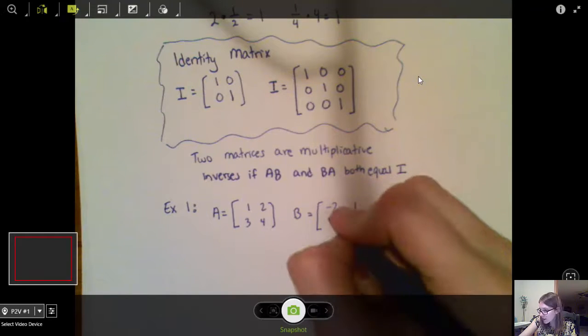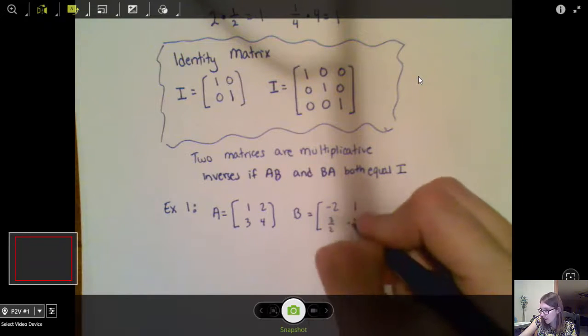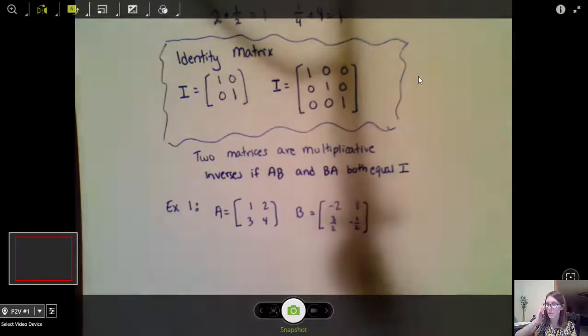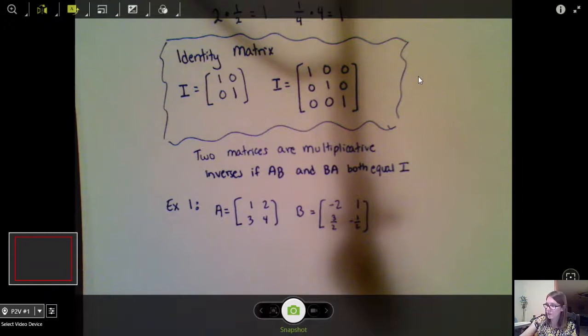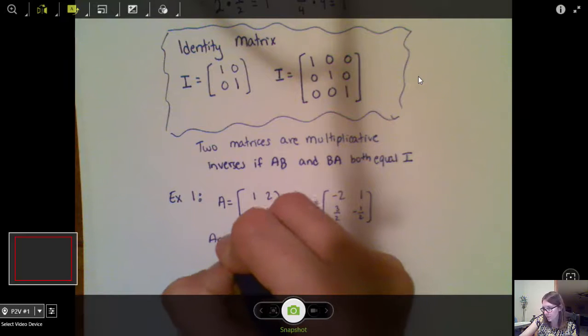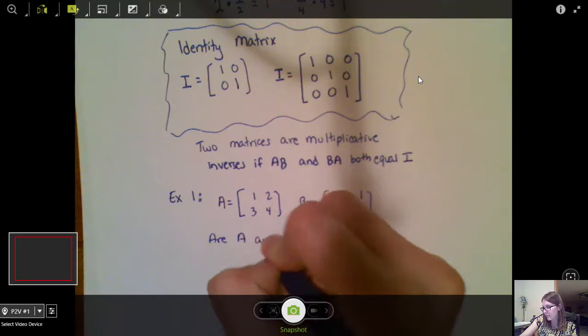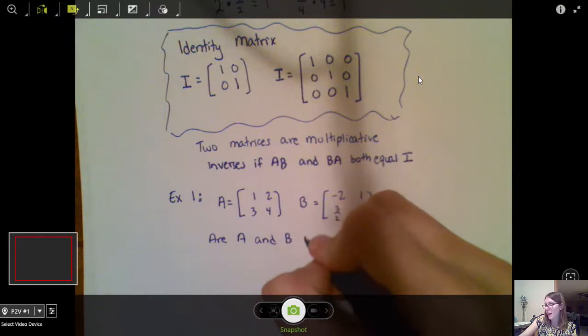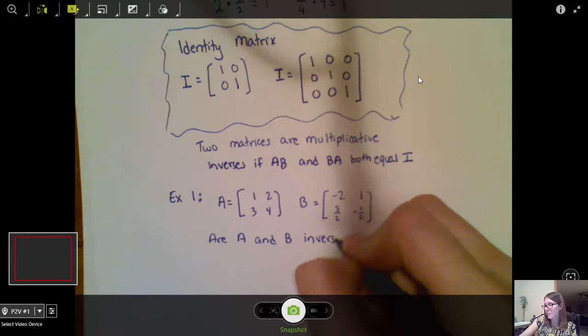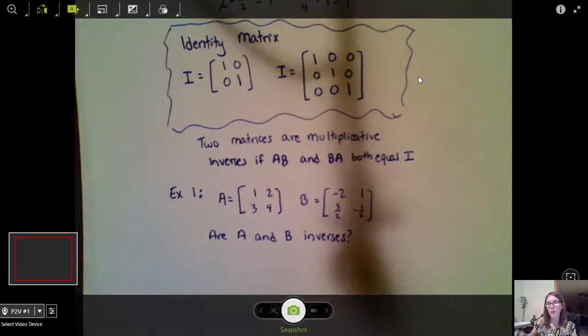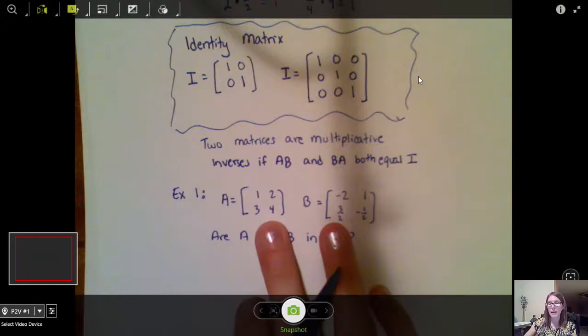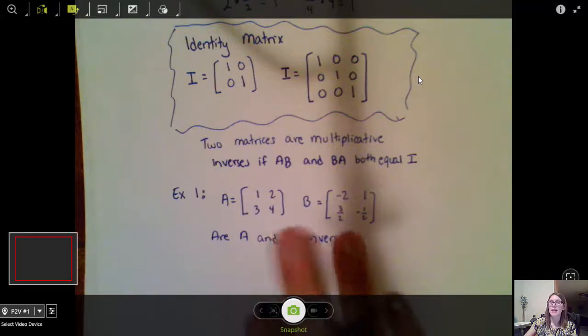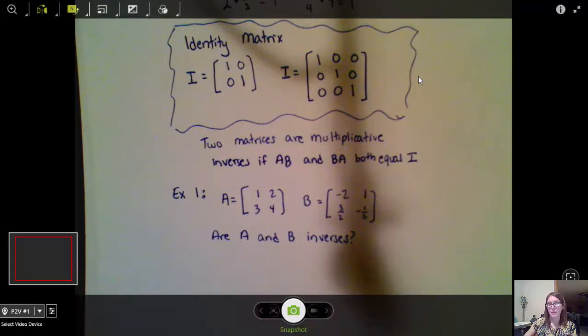I'll throw some fractions in here too, 3/2, and then -1/2. I want to find out if A and B are inverses. So again, for A and B to both be inverses, I need to take A times B and end up with the identity. I need to take B times A and end up with the identity.